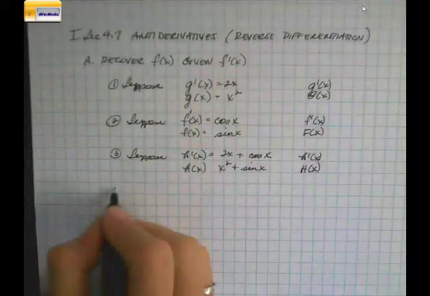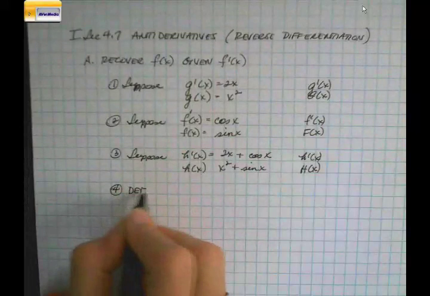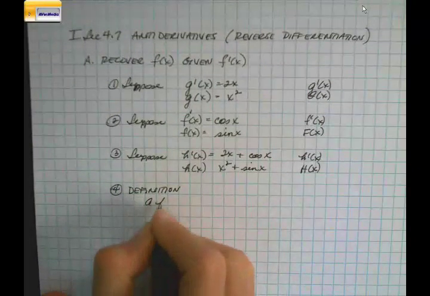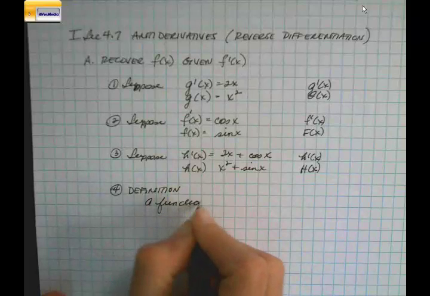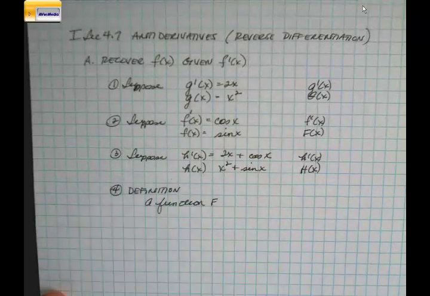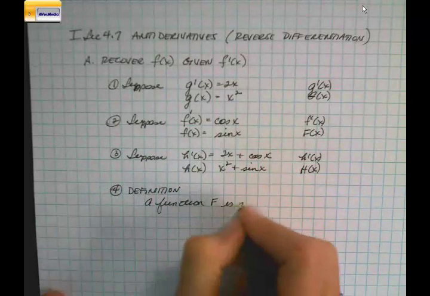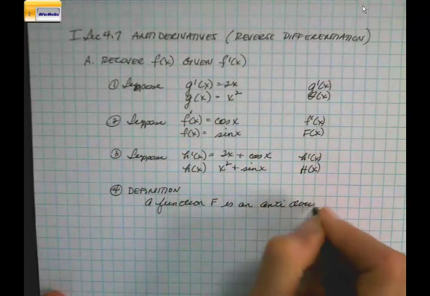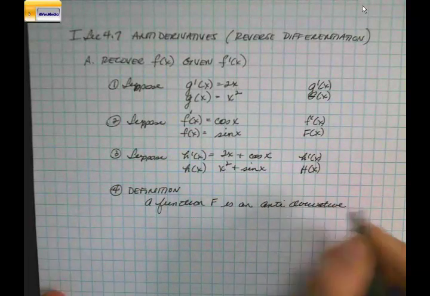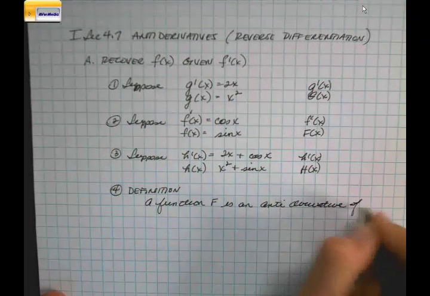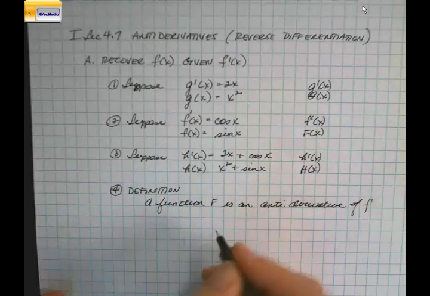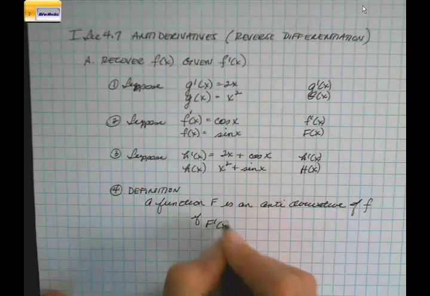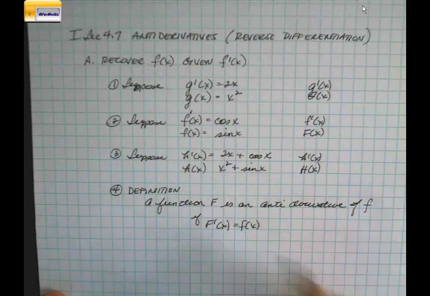So when they give you a true definition in our textbook, they say a function capital F of x is an antiderivative of f if F prime of x equals f of x.